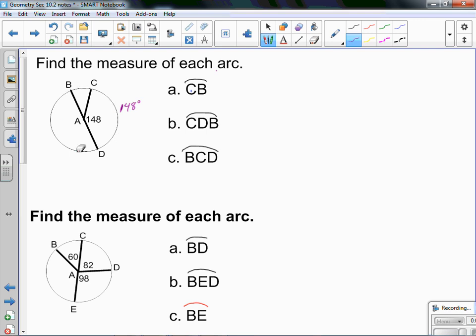So it makes a semicircle, which means from B to D it's going to be 180, half of the circle. So for CB, that's going to be 180 minus the 148 for arc CD, 32 degrees.